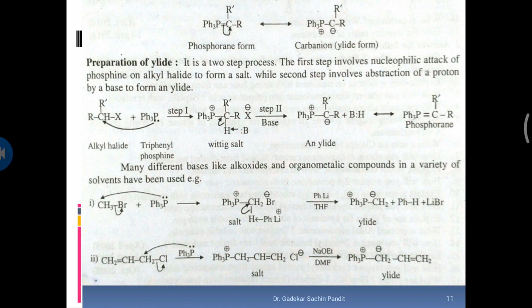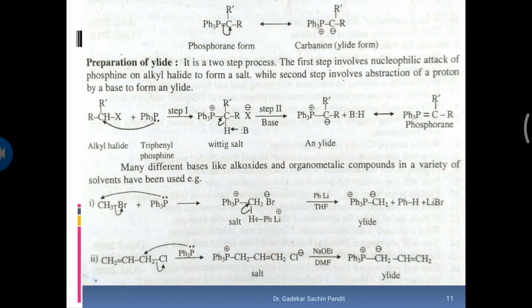Okay, so in the second reaction, methyl halide reacts with phosphine to form a phosphonium salt, and this phosphonium salt reacts with phenyl lithium or butyl lithium to form the ylide.